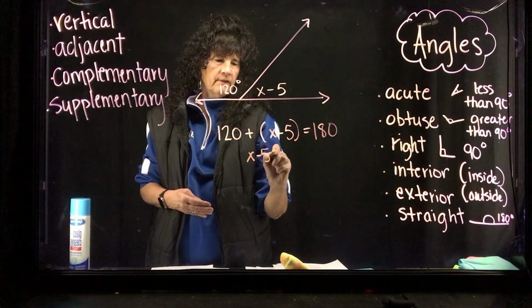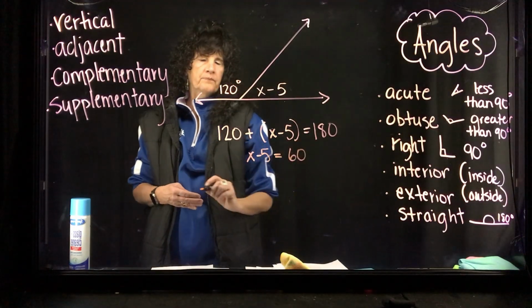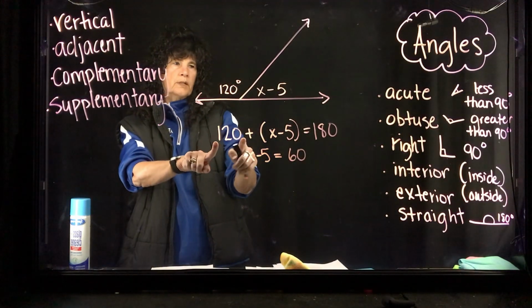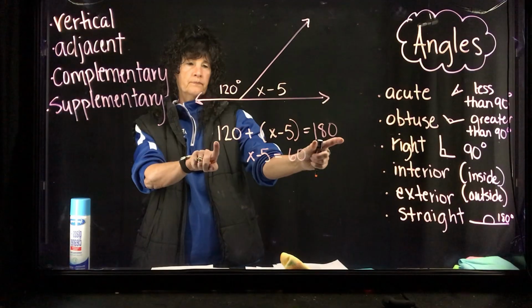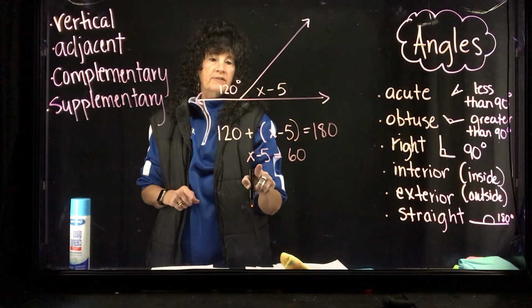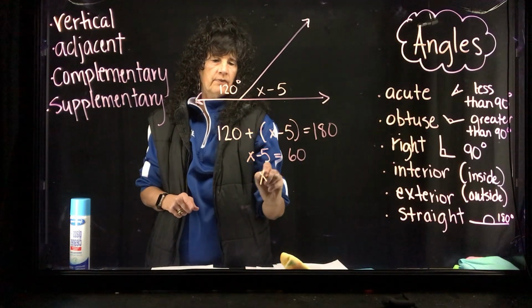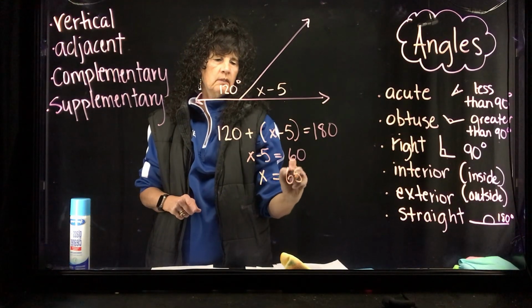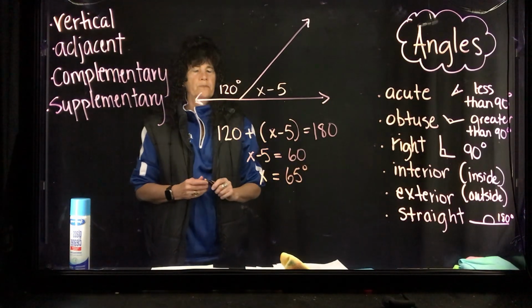X minus 5 is equal to 60. Right? I subtracted 120 from both sides. I now have to add 5 to both sides. So in that case, x is equal to 65 degrees.